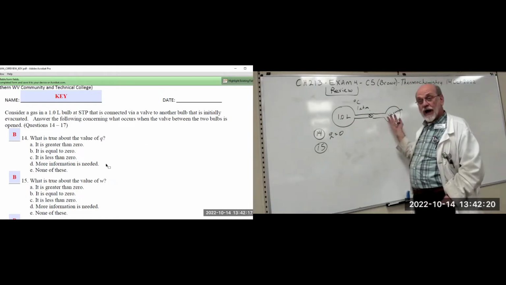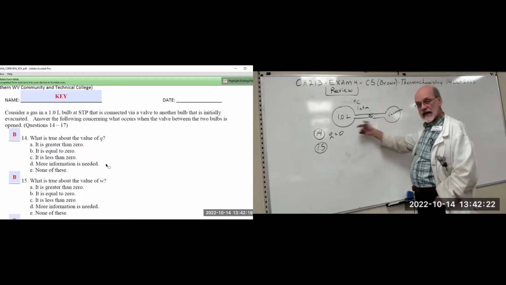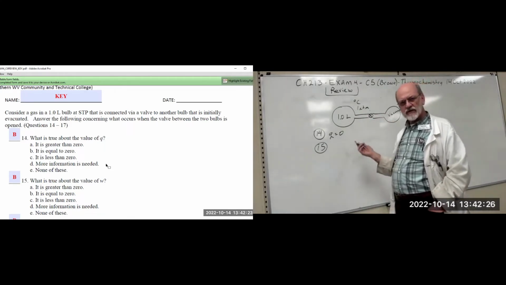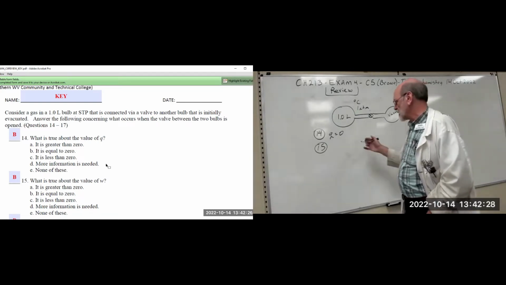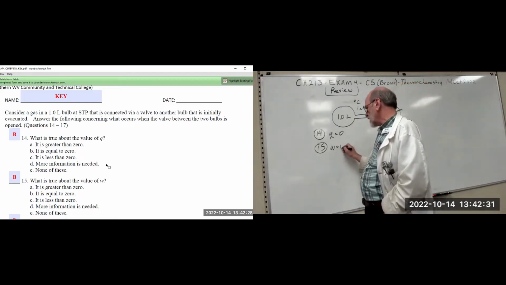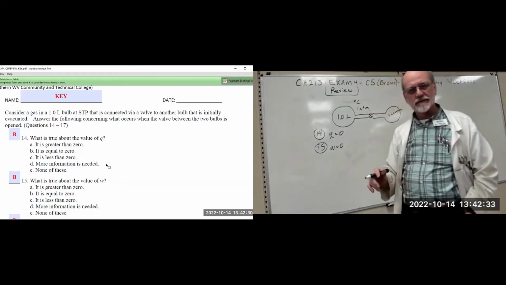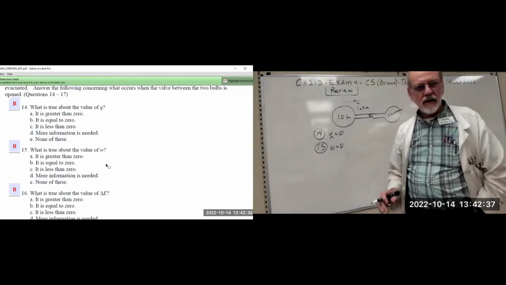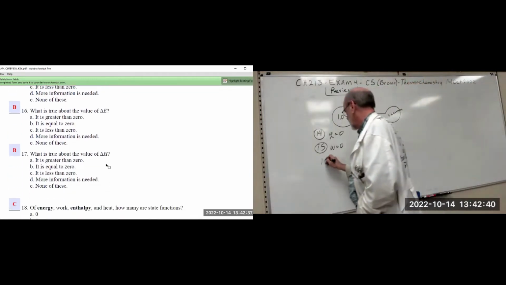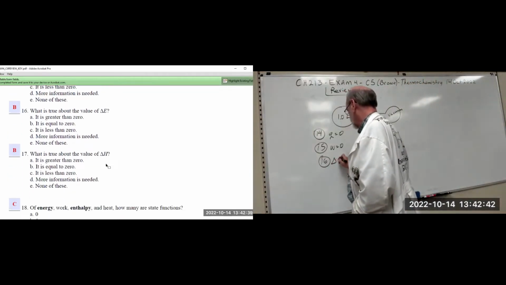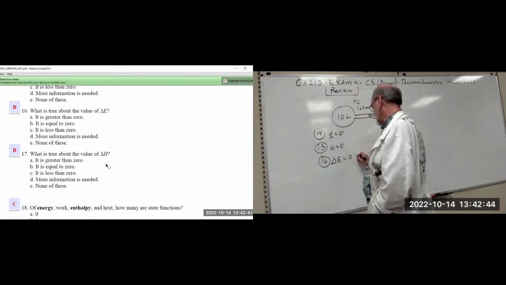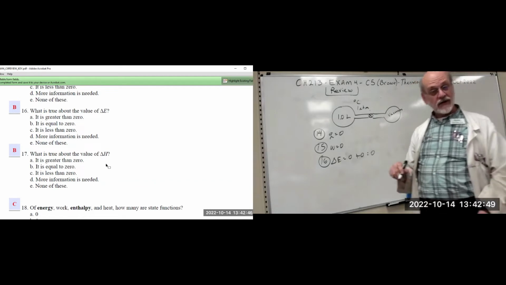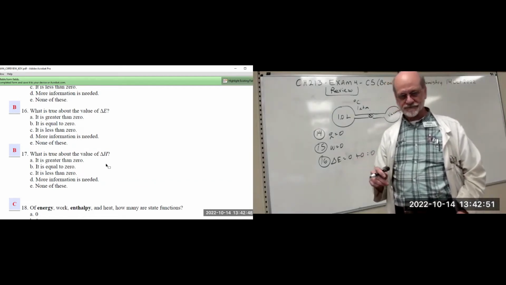The pressure is going to drop as it expands, but it's not pushing against any pressure. So there's no work being done at all. What's true about the value of internal energy? 0 plus 0 equals 0. Internal energy change is 0 also.